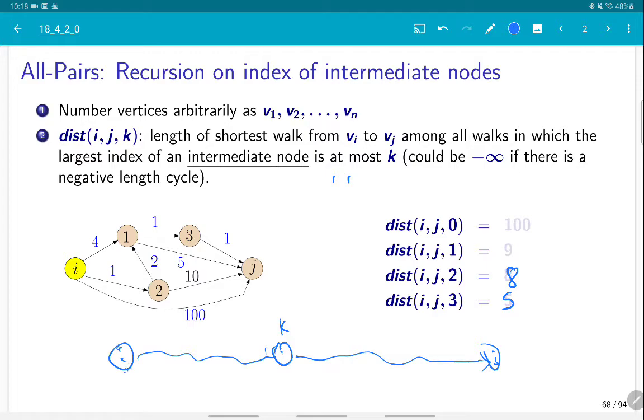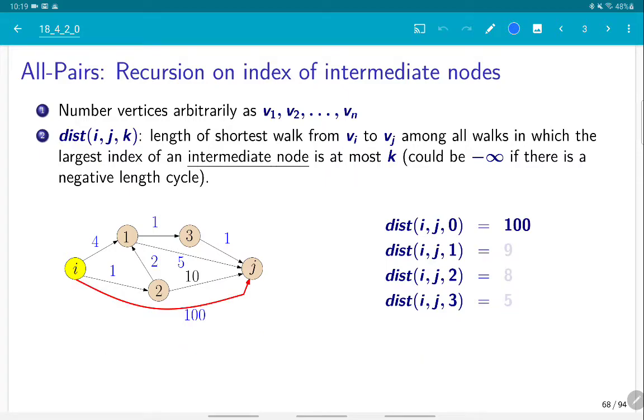Because I can say, give me the shortest path between i and k by a path whose maximum vertex is smaller than k minus 1, and give me the path between k and j, again with maximum vertex smaller than k minus 1, and put them together. So this definition, bizarre as it may be, gives rise to a natural recursive definition.